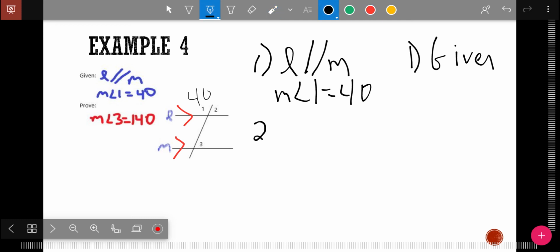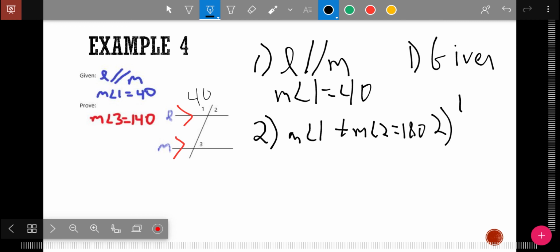And so the measure of angle 1 plus the measure of angle 2 equals 180 because they're a linear pair. And then angle 1 was 40 degrees, so I'm going to plug 40 degrees in.